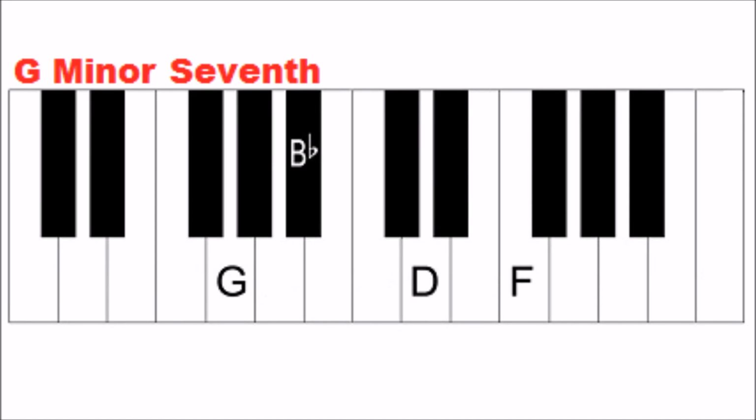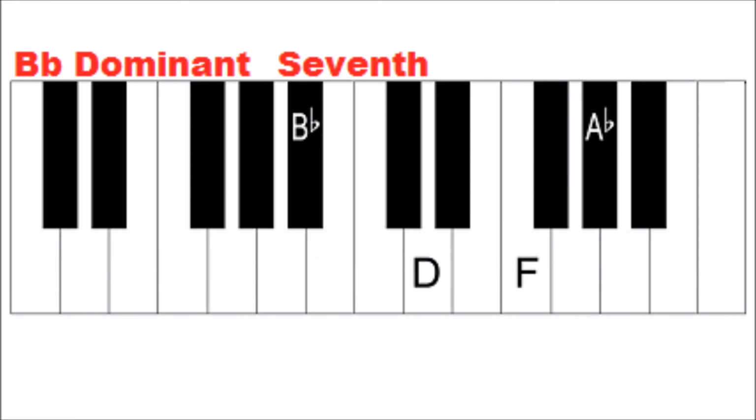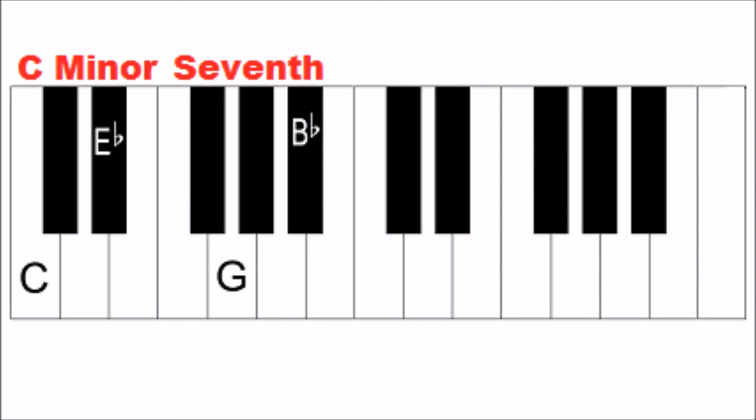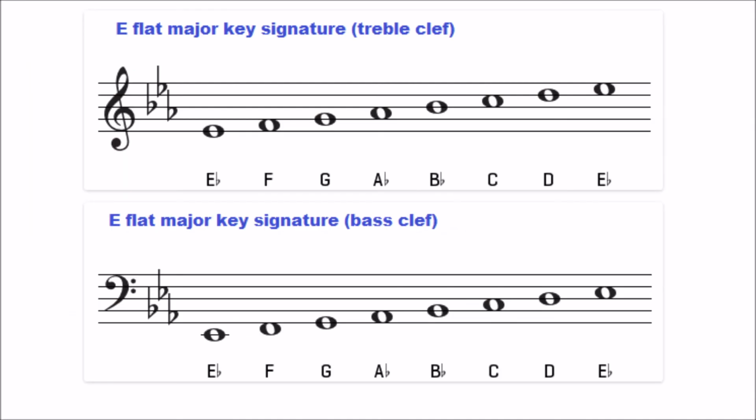Chord 3, G minor 7th: G, B flat, D, F. Chord 4, A flat major 7th: A flat, C, E flat, G. Chord 5, B flat dominant 7th: B flat, D, F, A flat. Chord 6, C minor 7th: C, E flat, G, B flat. And chord 7, D minor 7th flat 5: D, F, A flat, C.